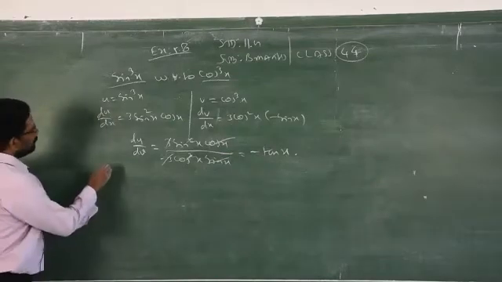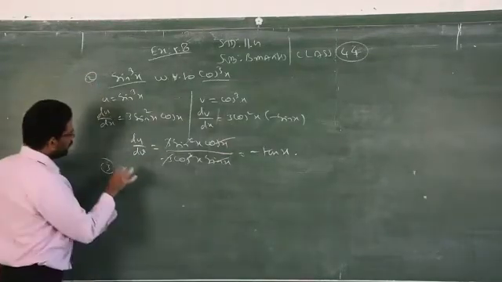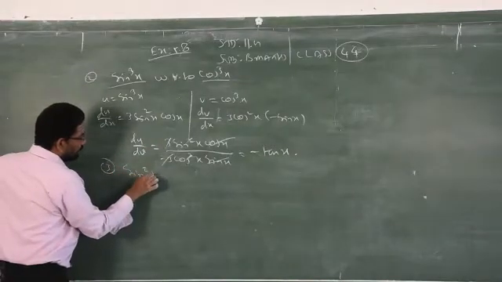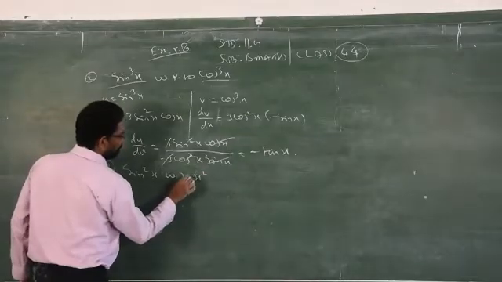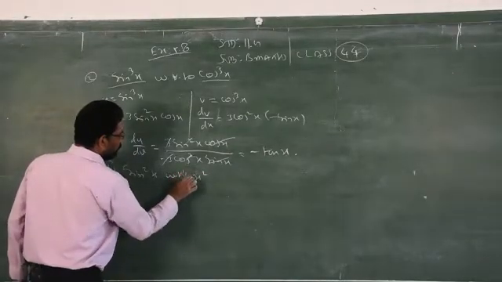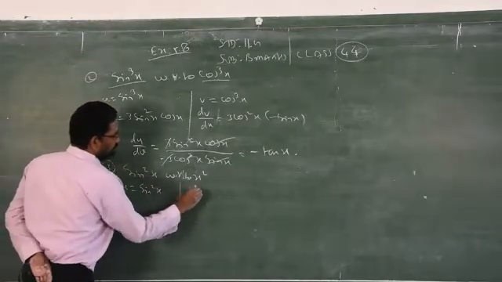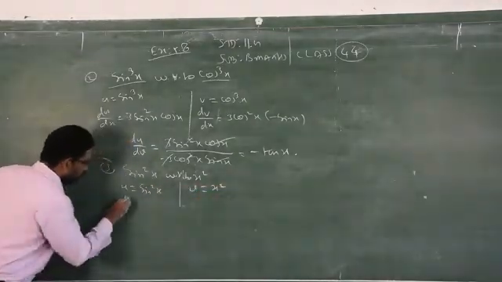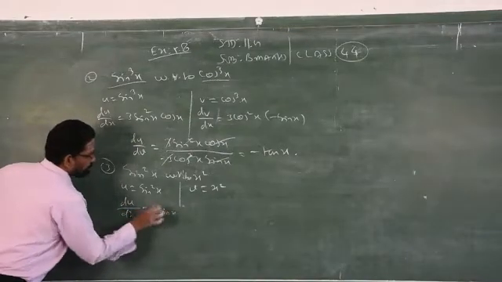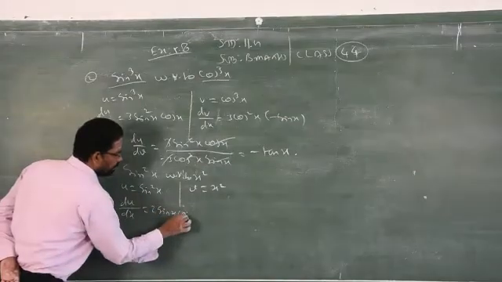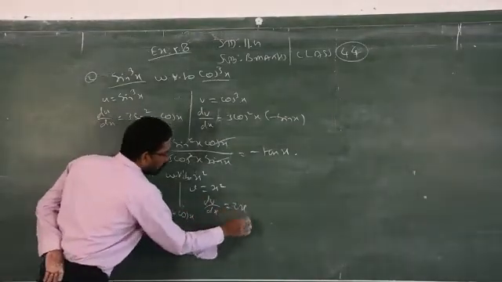Clear? Then the third sum, again differentiate sin square x with respect to x square. So you take u is equal to sin square x, then v is equal to x square. Differentiate, du by dx is 2 sin x, then sin x will become cos x. dv by dx is 2x.